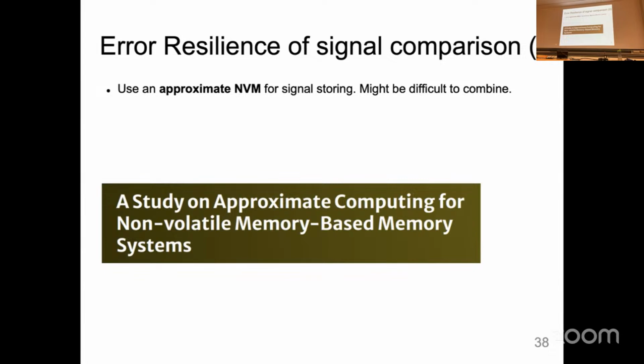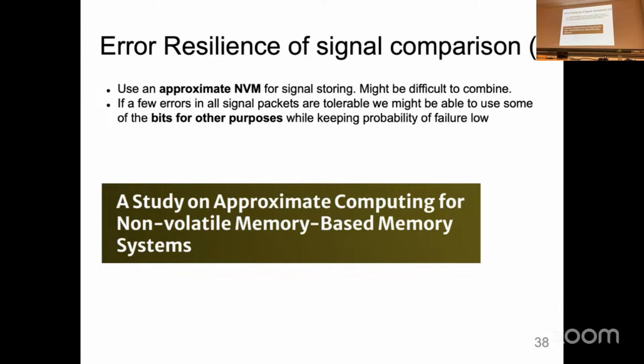And then also, if we already have this approximate NVM and we have some errors from there, then the question becomes if we can still tolerate these errors that we might have over the network, right? So can we then still keep signals that don't conform to the checksum? Or do we lose this property by doing that? And if we do, what's the trade-off? So what's better, what's worse, right?